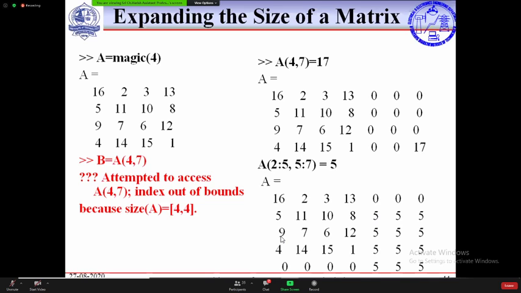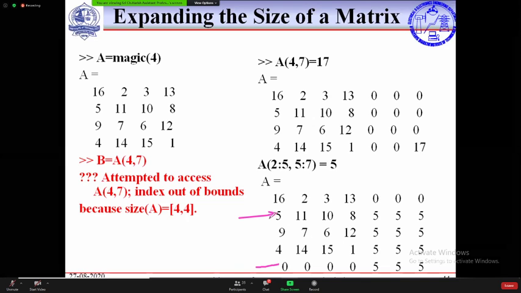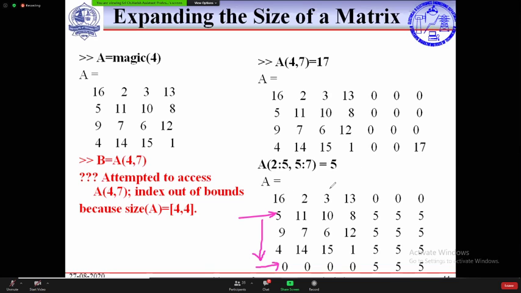What is second row to fifth row? This is the second row. This is first, second, third, fourth, fifth. So from the second row to the fifth row, we want to add from which point? From the fifth column to the seventh column. This is 1, 2, 3, 4.